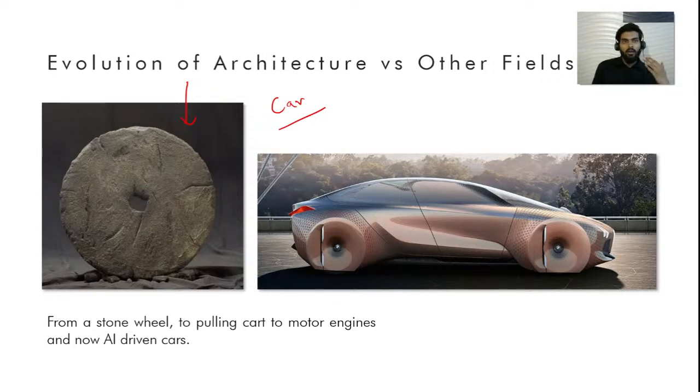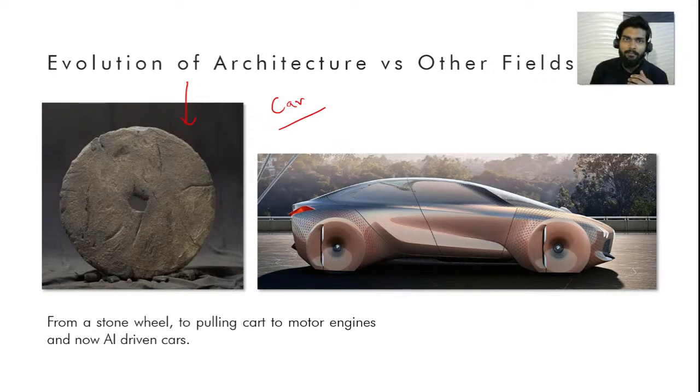Once we had the car, did we stop there? No. You see companies like Tesla and Porsche and Ferrari, they have been constantly innovating. BMW and Mercedes, they have been constantly innovating and trying to incorporate AI in the vehicle. And it is no more a fiction, it is reality, where the automobile itself has a brain of its own, where it can communicate with the vehicles around it, where it can communicate with the obstacles, it can understand the user, and based on that, make decisions on its own.